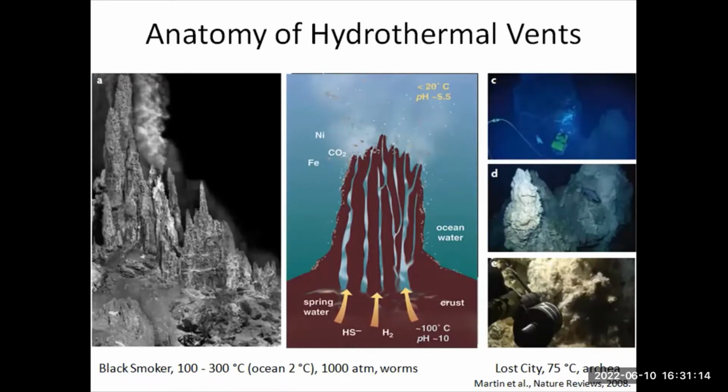So microscopic worms, which are actually living at these temperatures, well, not 300 degrees, but close to 100 degrees centigrade, and surviving.